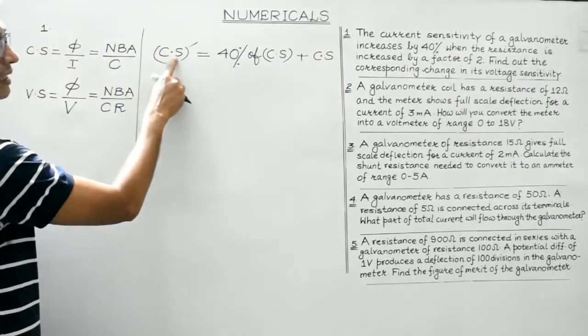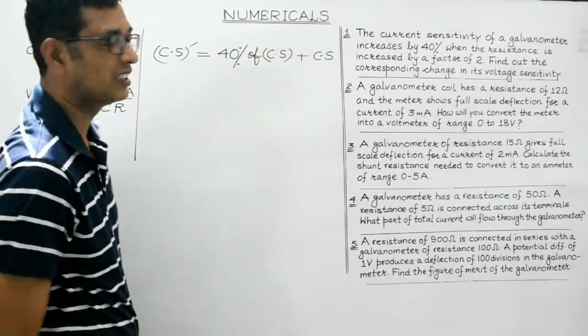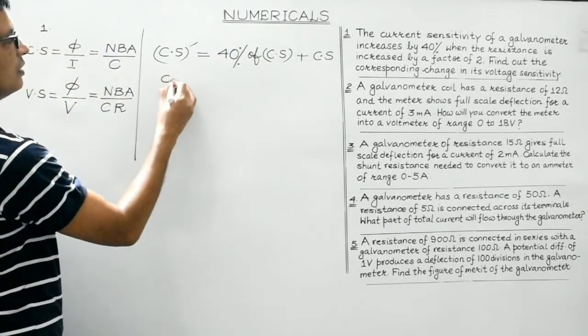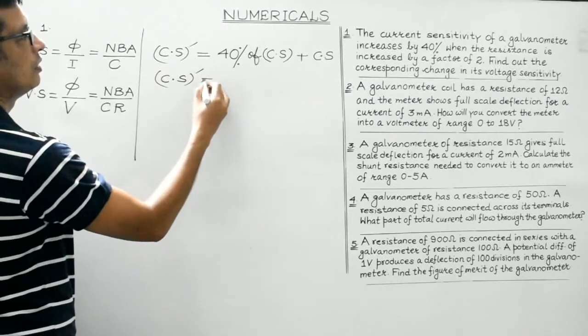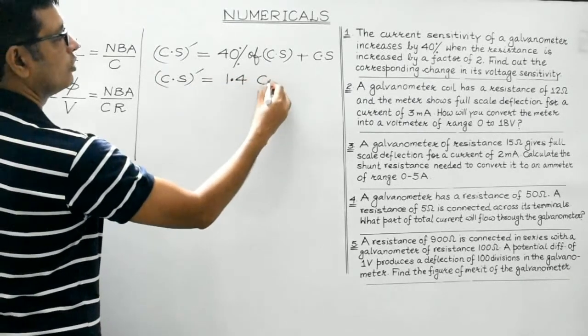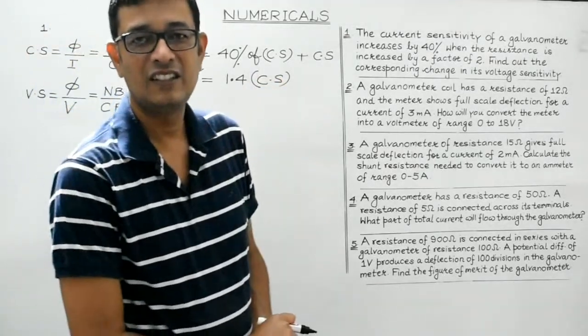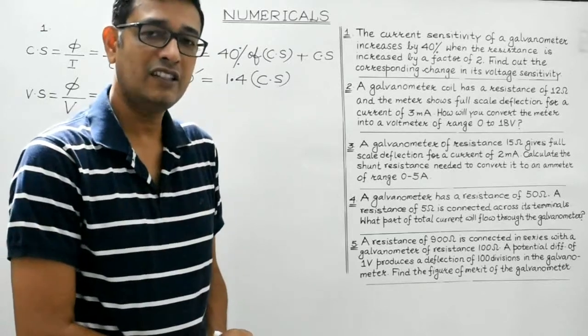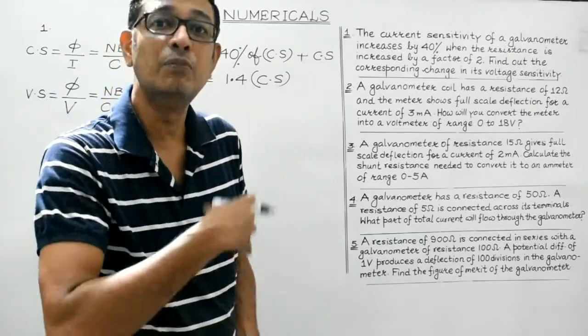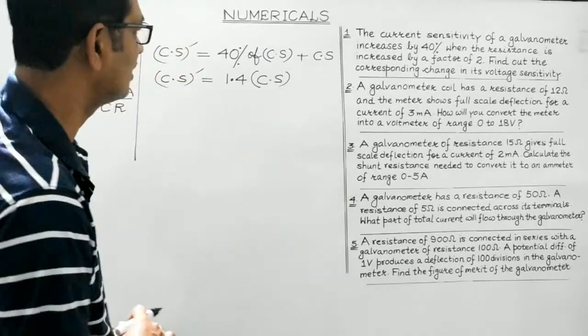So new current sensitivity is found to be 40% greater than that of the original current sensitivity. So if you solve it, obviously it will give you 1.4 times the original current sensitivity. Am I clear, students? The new current sensitivity is given to be 40% more. So it will be 1.4 times the original current sensitivity.